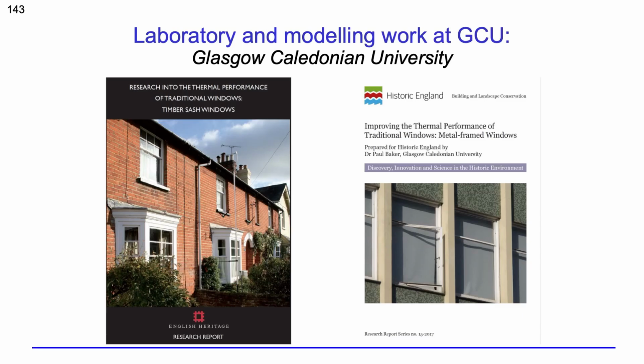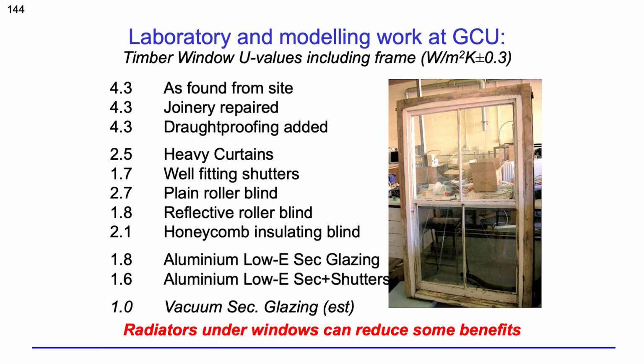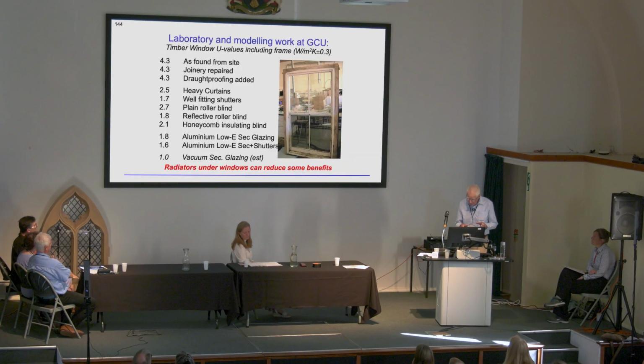So here's the report on the sash window work, and on the right is a similar report on metal window work, which I won't talk about today. So what you've got then is, if you add the frame, a wooden frame is more insulating than single glazing, so you've gone down from 5 and a bit to 4 and a bit.